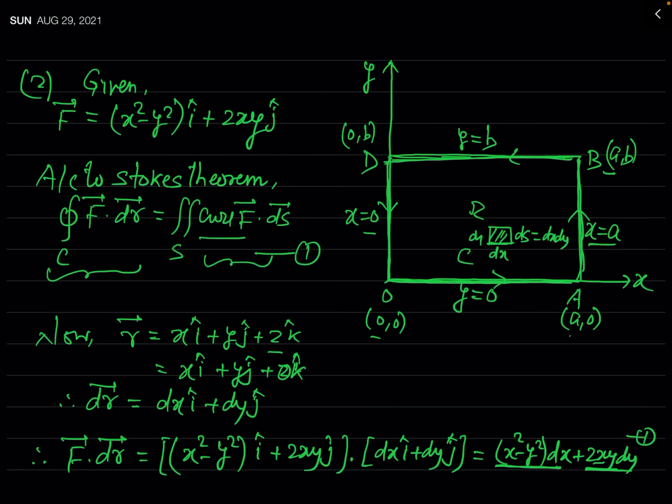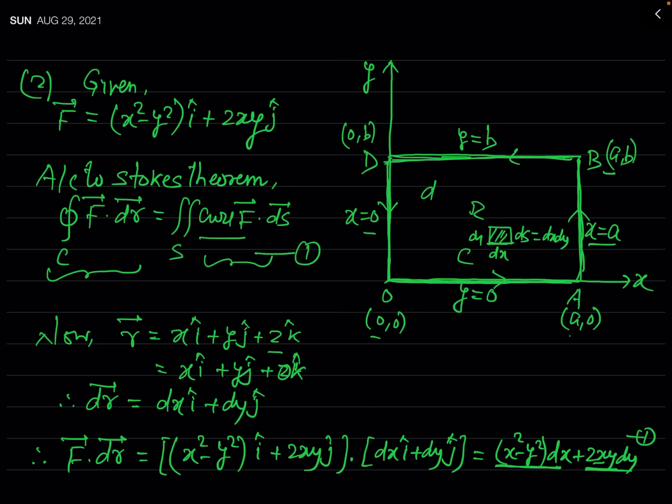Since this element is lying in the xy plane, the area vector ds will be in the z direction, because you know the area vector of any plane surface is normal to the surface, and since this ds is in the xy plane, and on the xy plane the z-axis is normal, this ds vector will be in the z direction, that is along the unit vector k.